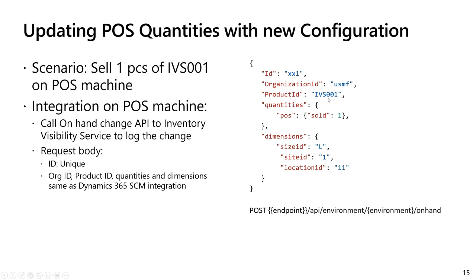For the quantities, it is a nested JSON format, which is organized firstly by the data source and then by physical measures. In this example, we're only changing the sold physical measure and the data source POS, so we need to specify nothing more than these two pieces. And lastly, we need to include dimensions so that inventory visibility service knows that it is updating the quantities on the specified site and location with given sites.